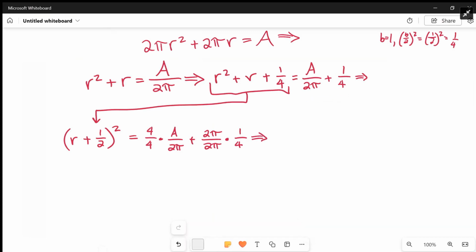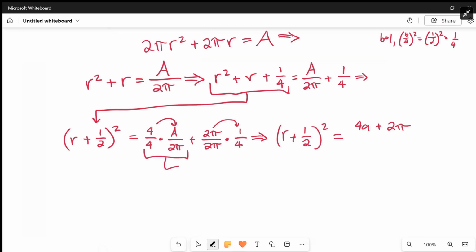Now we can rewrite: the left side will remain the same, r plus 1/2 squared, is equal to 4 times a, we get 4a, 2 pi times 1 is just plus 2 pi, and then our common denominator is 2 pi times 4, giving us all over 8 pi.